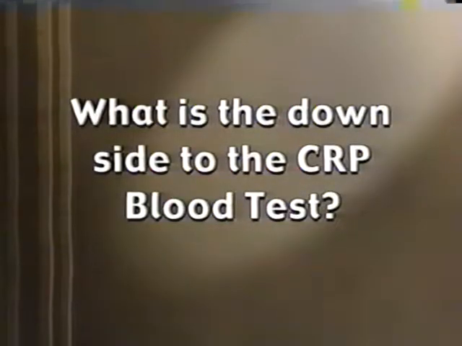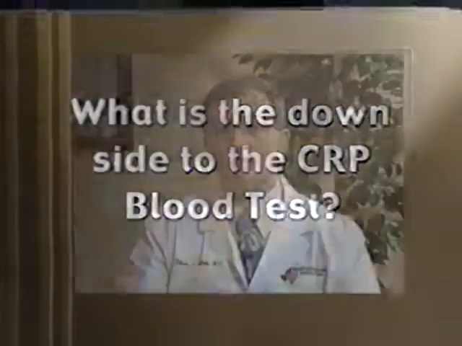What are the downsides to the CRP test? First, not all people with a high CRP test have active cholesterol blockages in the arteries feeding the heart. CRP increases whenever a person has inflammation from any source. If a person gets pneumonia or has severe bronchitis, the CRP test will increase for a while before returning to normal.